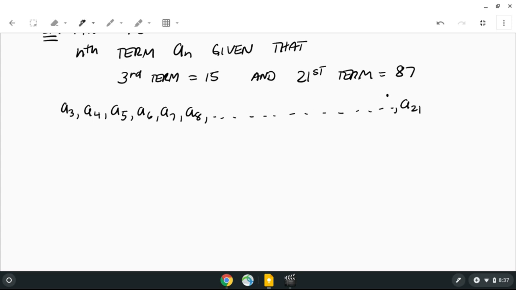To get from here to here, you would add d, and then add d again, and then add d, and then add d to get there. How many d's is that, added to get from here all the way to there?